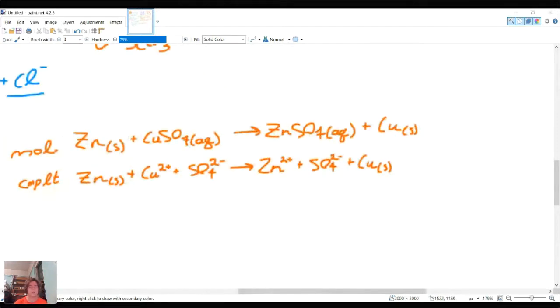So what's the spectator ion here? What do you think the spectator ion is in this equation? No, it's just the SO4. The zinc and the copper aren't ions; they're solid species.